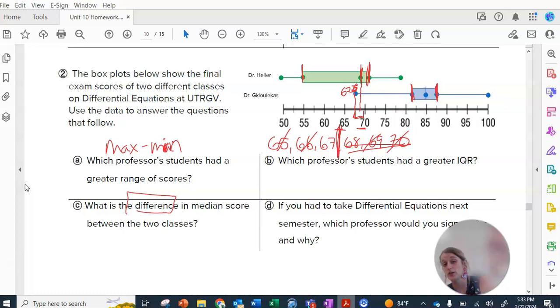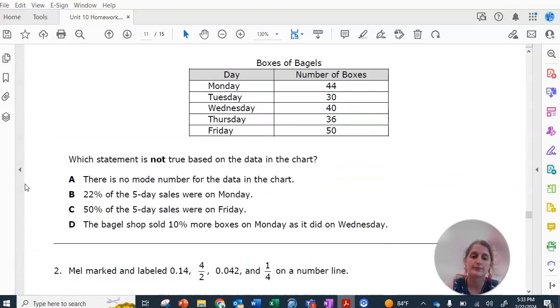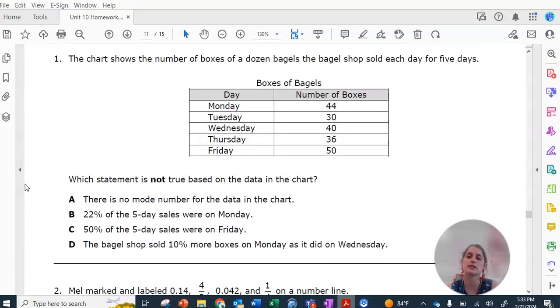You can talk about what the lowest score in Dr. Heller's class is or the highest score in Dr. G's class, although those aren't the best options because we don't know if that was a lot of kids or just one outlier that created a lowest or a highest point. So I would stick with talking about percentages or IQRs when you're comparing and telling me why you'd choose. My guess is you're choosing Dr. G's class. On the back, we're looking for the statement that is not true.